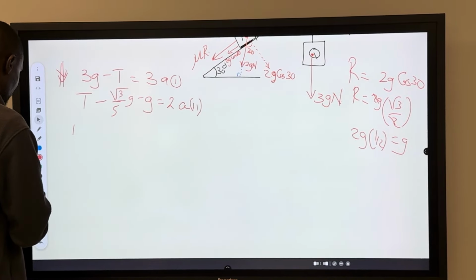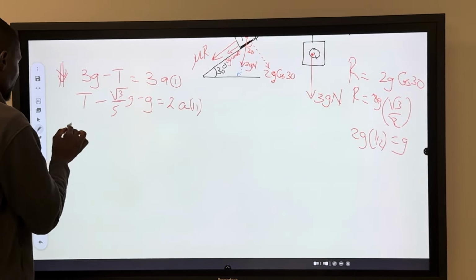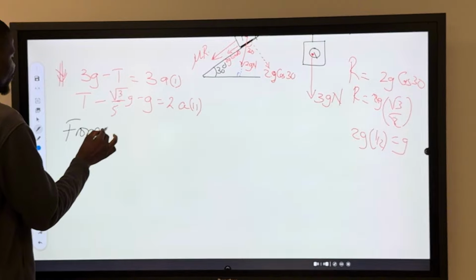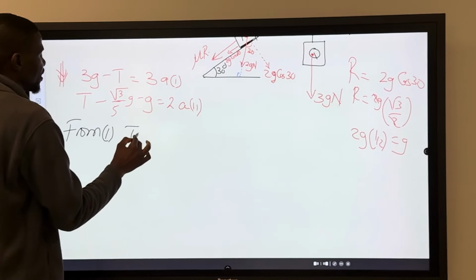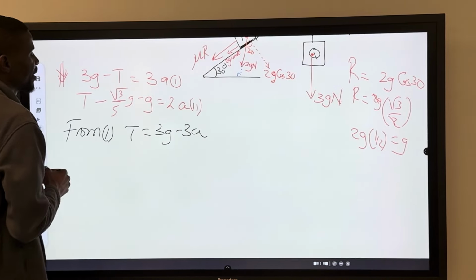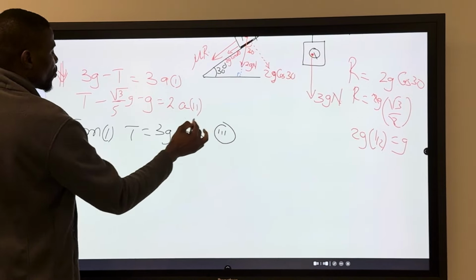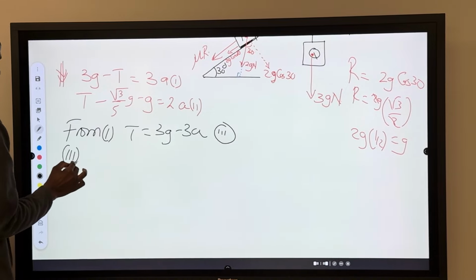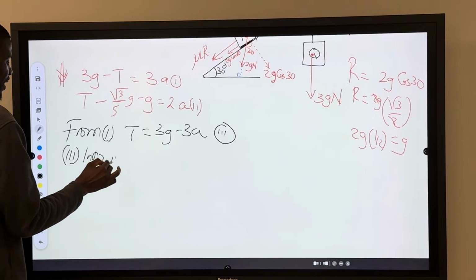Okay. So from 1, T equal to 3G minus 3A, right? That's the third. So we apply third into second.